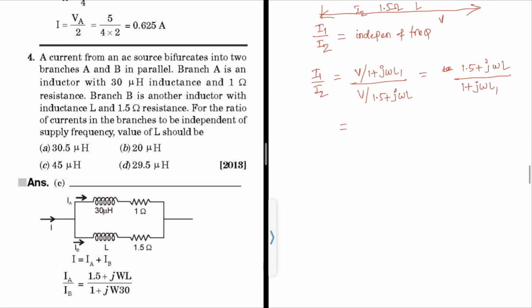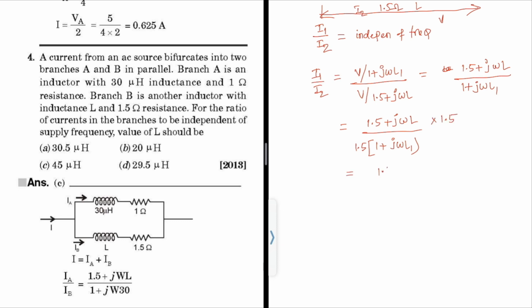I multiply the denominator with 1.5 and the numerator also with 1.5.